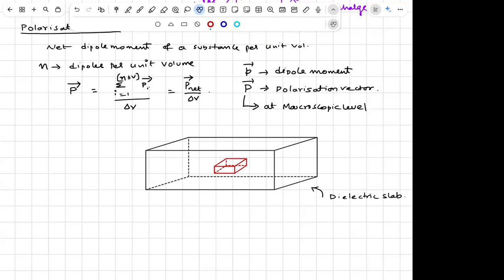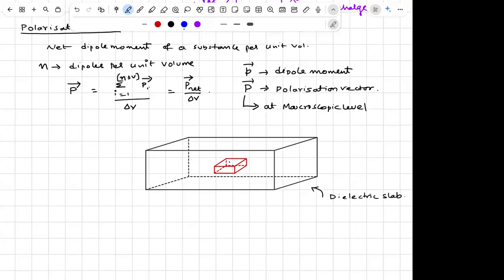I am focusing on some macroscopic area of the dielectric material. Any doubt till this point? Today's theory is hardcore theory. Maybe this is the first time you are following such a theory, and this is the reason why I'm recording this, so that at a later stage, if you have any confusion, you can refer to it.